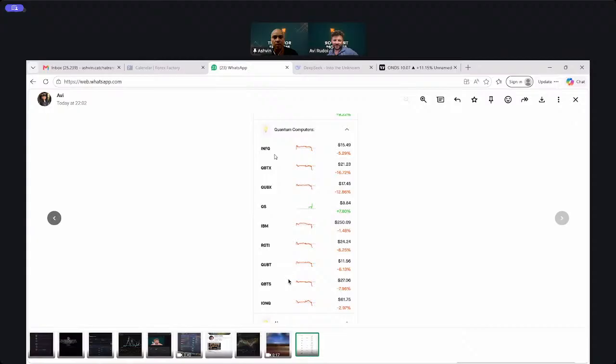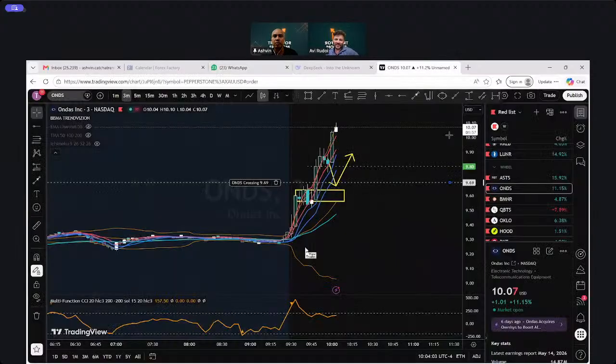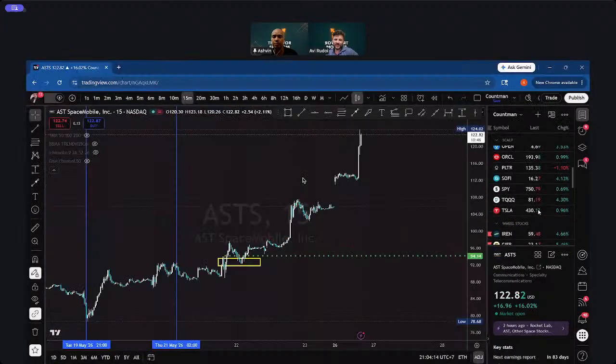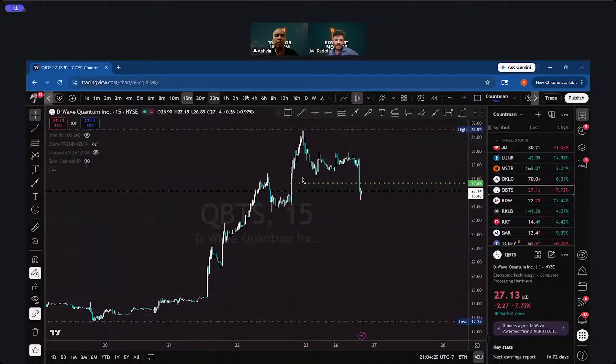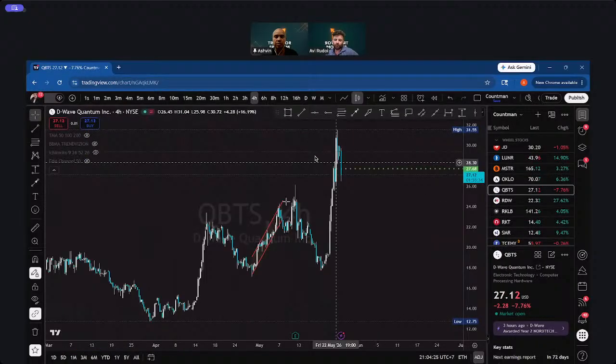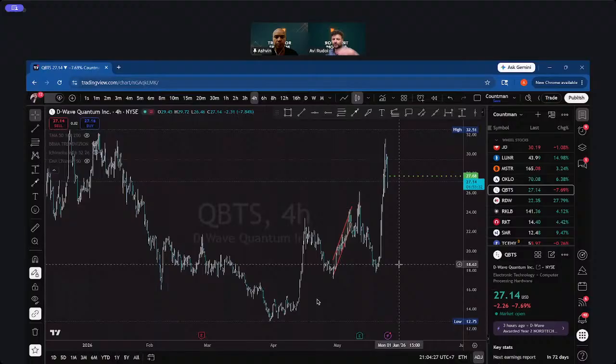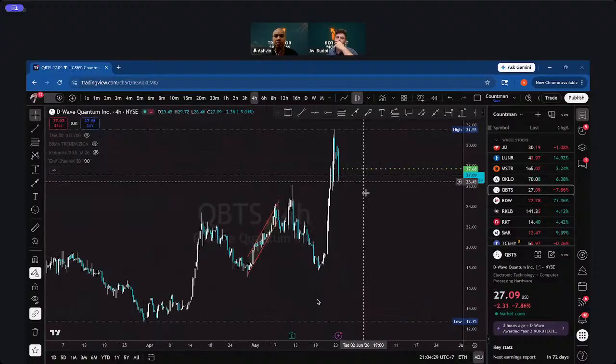The INFQ, no, QBTX. I think we've seen this before, right? QBTX. Where's the QBTX? QBTS. Okay, wait, let me check. Yeah, so there's nothing for us to take on our real strategy.